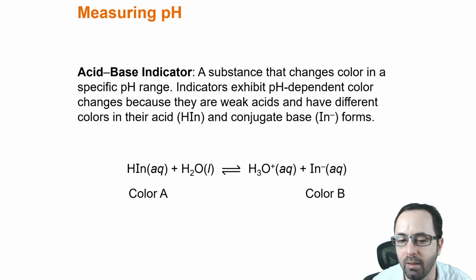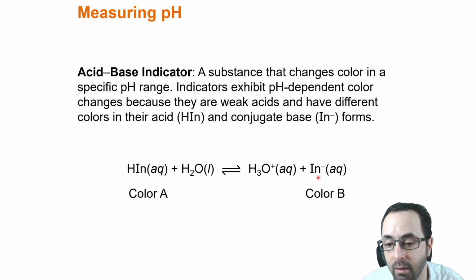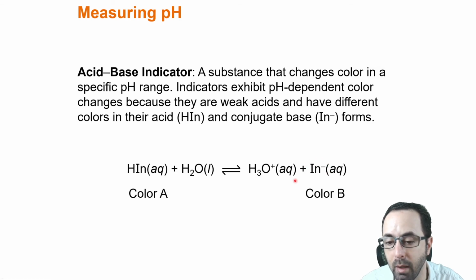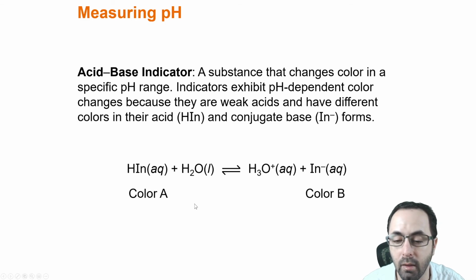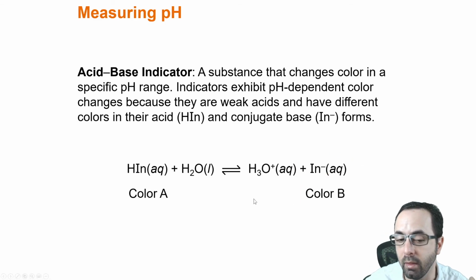The way an acid-base indicator works is that it will be an acid and its conjugate base in solution. When this acid reacts with enough base, it will create the conjugate base, and the conjugate base will have a different color than the acid. That's why these work well as acid-base indicators, because the acid and its conjugate base that compose the indicator have different colors.